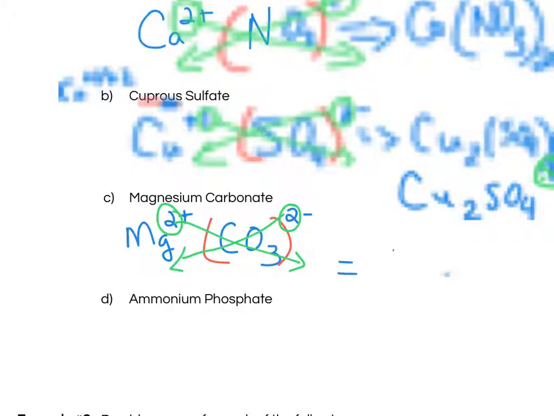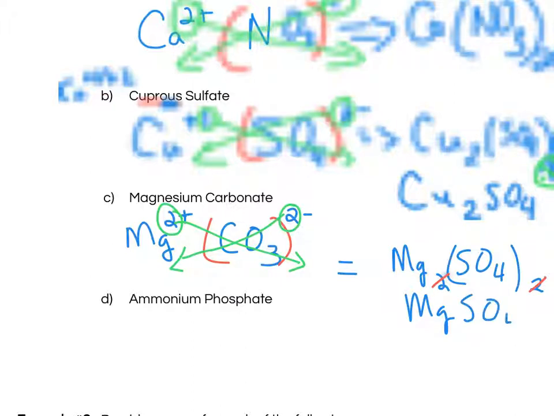So when I cross that down, I get Mg2SO4 bracket 2. Now, as I said, this is an ionic compound. I have a metal with a nonmetal ion, or group of nonmetal ions, and so I am going to be able to reduce to lowest terms. So 2 to 2 is the same as 1 to 1. So I'm going to reduce that to MgSO4. And I'm done.